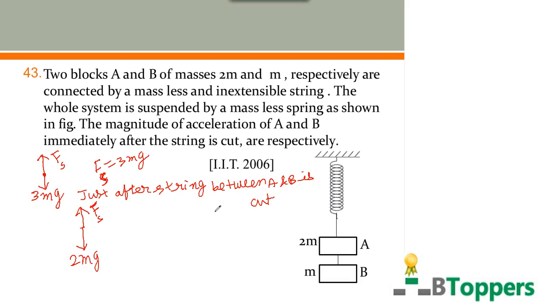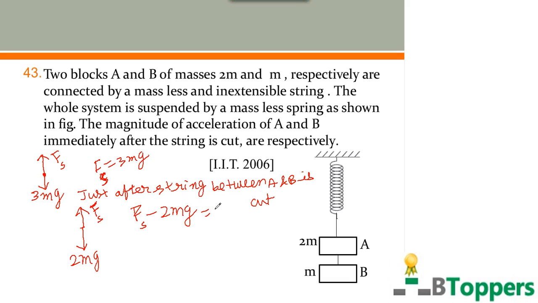So the magnitude of the elastic force by the spring on block A at the instant just after the string between A and B is cut will again be equal to 3mg. So the resultant force on block A in the upward direction will be equal to the magnitude of the upward force minus the magnitude of the downward force.